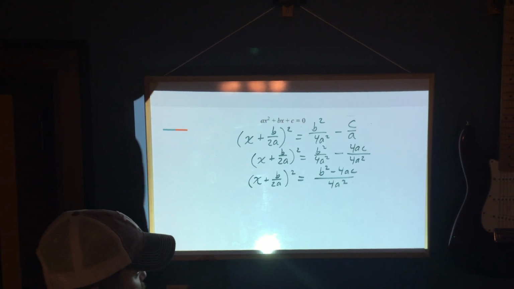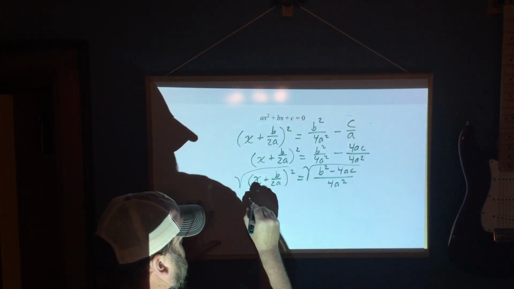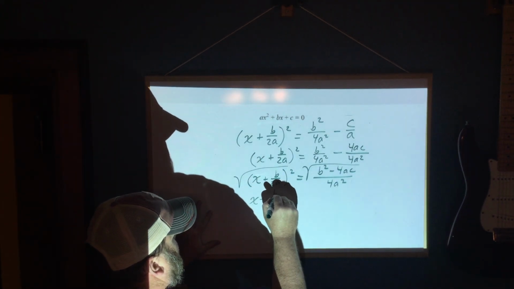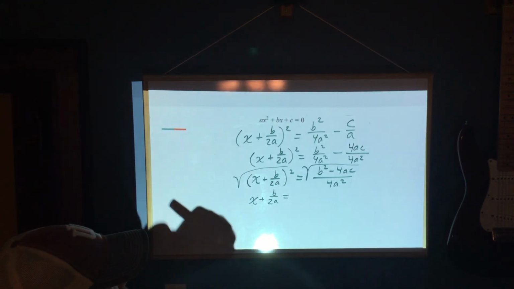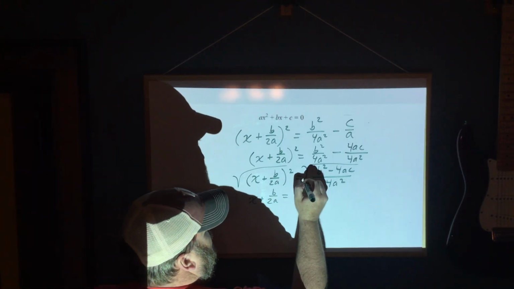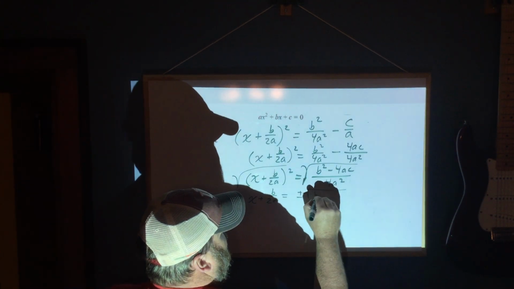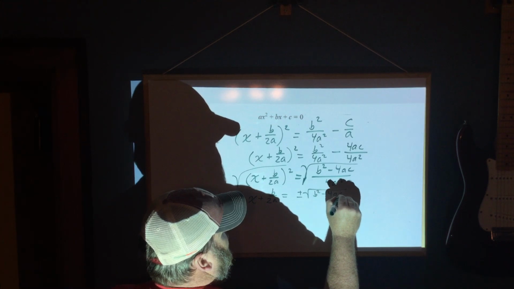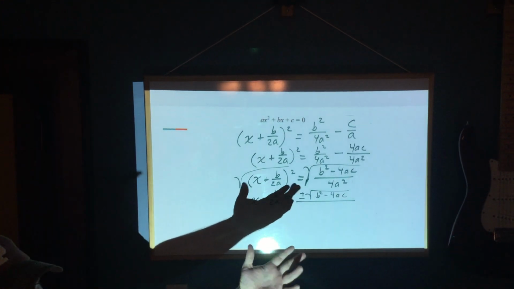Now I'm going to take the square root of both sides. This will just be x plus b over 2a. I can't do anything with the top. So the top is just going to be plus or minus the square root of b squared minus 4ac. But the bottom, believe it or not, is a perfect square. 4 is a perfect square.